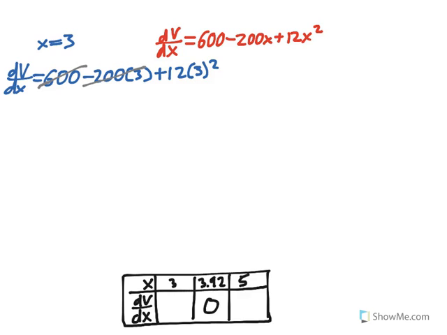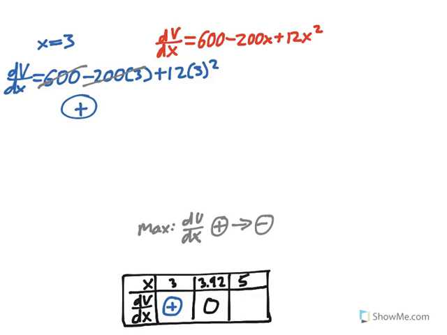Even if you're not real good at arithmetic, you should at least be able to determine that this is positive. So before the critical point, we have a positive derivative. That means it is an increasing function. And remember that you get a relative or local maximum when you go from positive to negative, or increasing to decreasing.